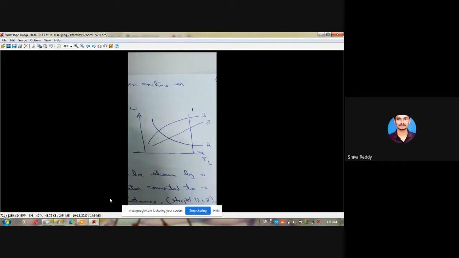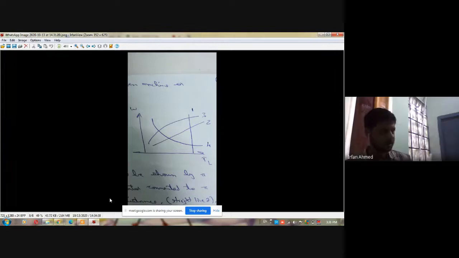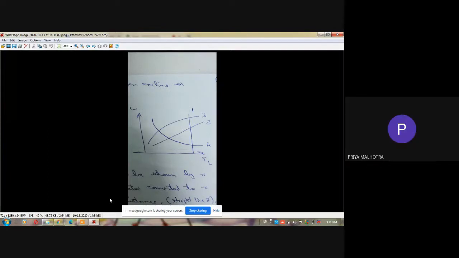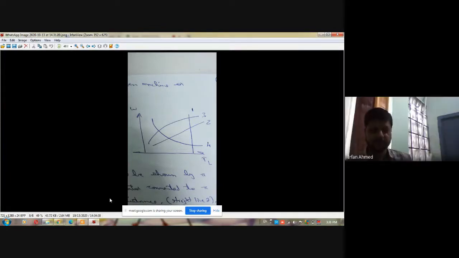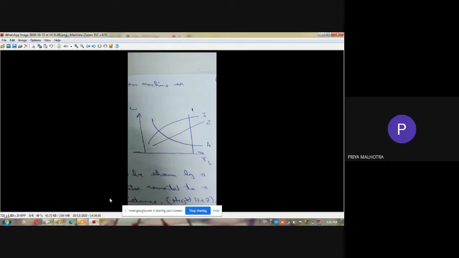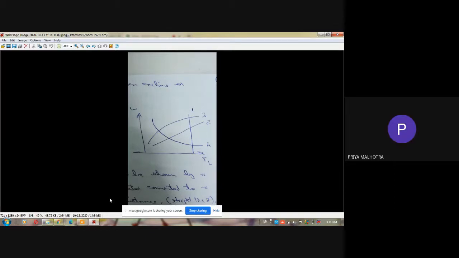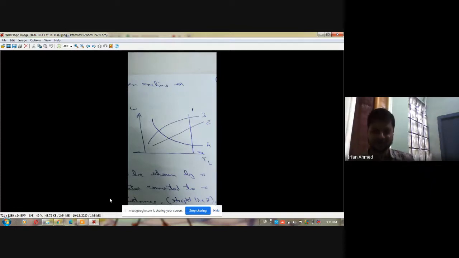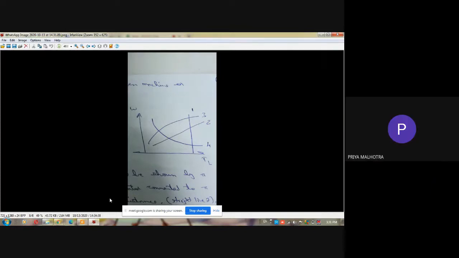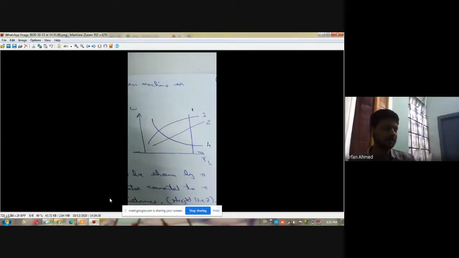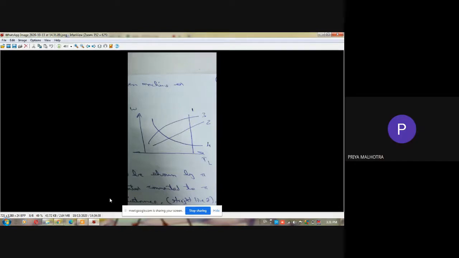Load torque is the independent variable, yes. In this case, when we have drawn the diagram, we have considered load torque to be the independent variable, but actually the load torque is the dependent variable.